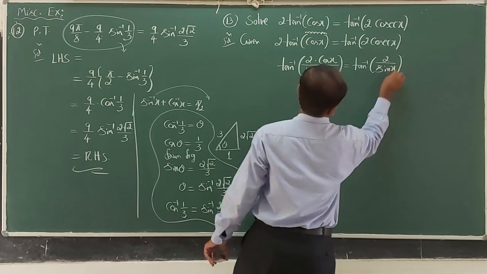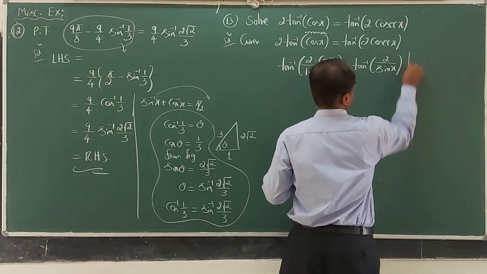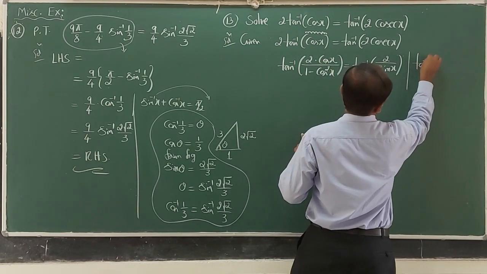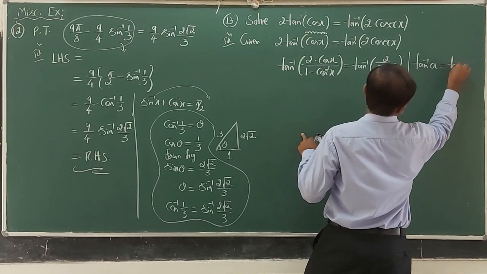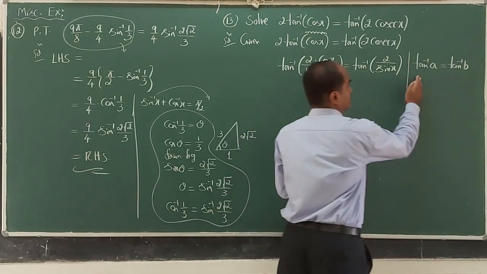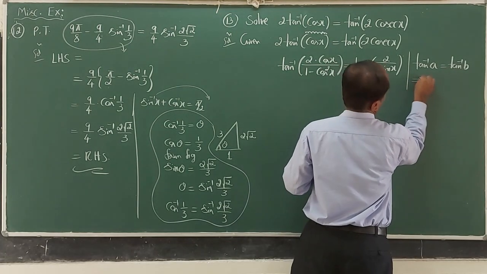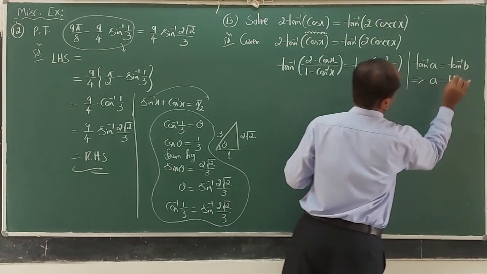Cosecant x I wrote as 1 by sin x. Now this equation is of the form tan inverse of some real number equal to tan inverse of some other real number. Tan inverse A equal to tan inverse B is possible only when A equal to B.